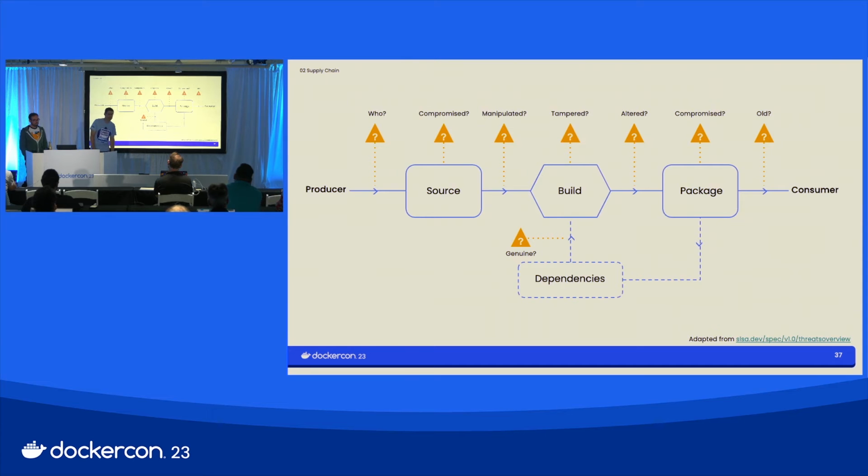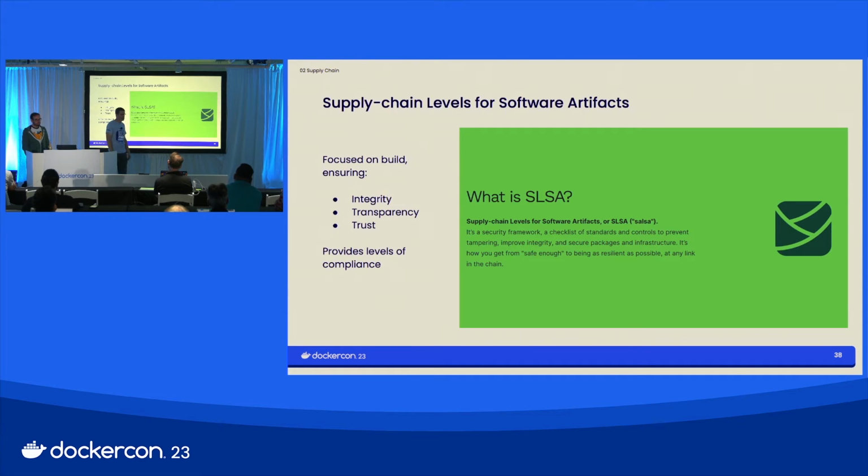First we need to establish a common language. There is this industry working group called SLSA, the Supply Chain Levels for Software Artifacts. Sounds delicious, I know. Get some salsa on that breakfast burrito, right?